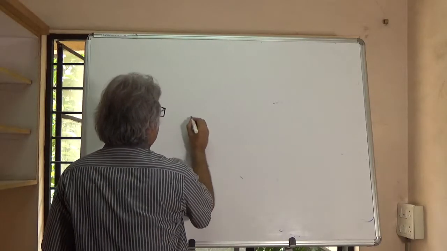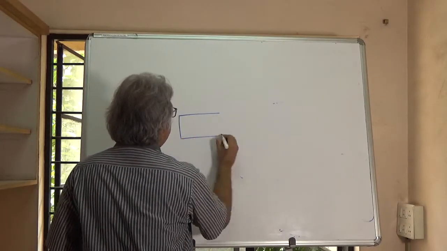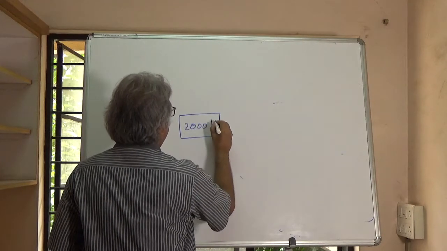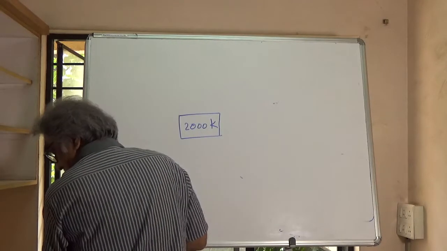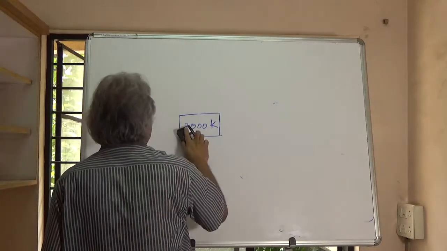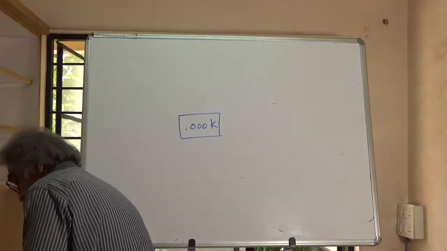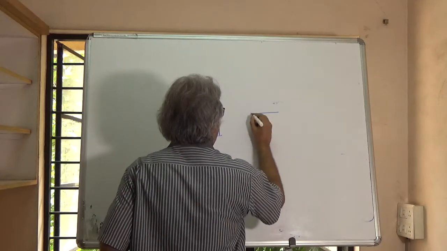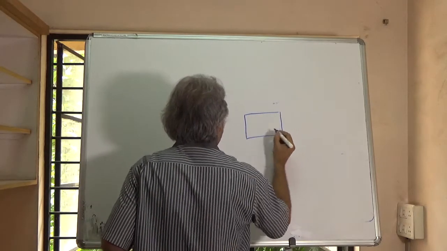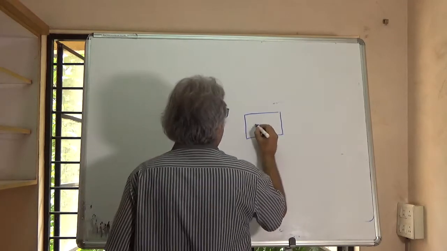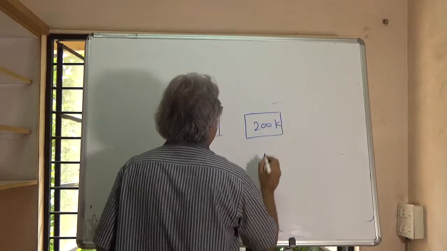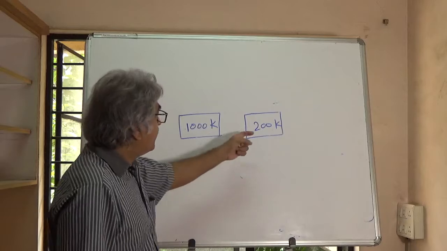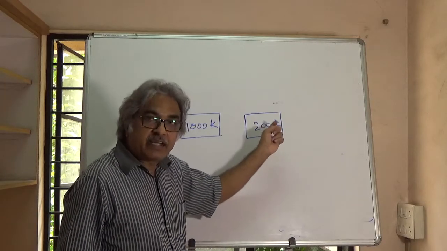we have two bodies. Body 1 is at 1000 Kelvin, body 2 is at 200 Kelvin.